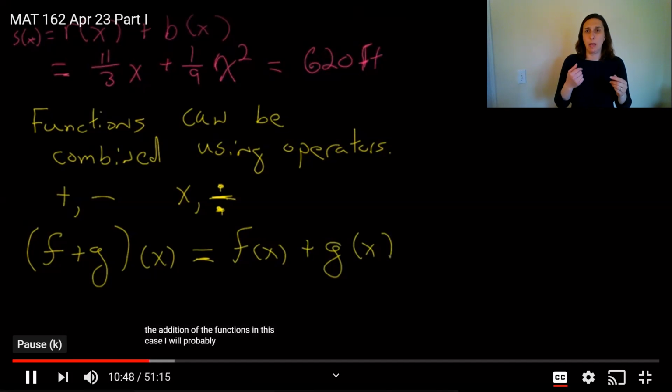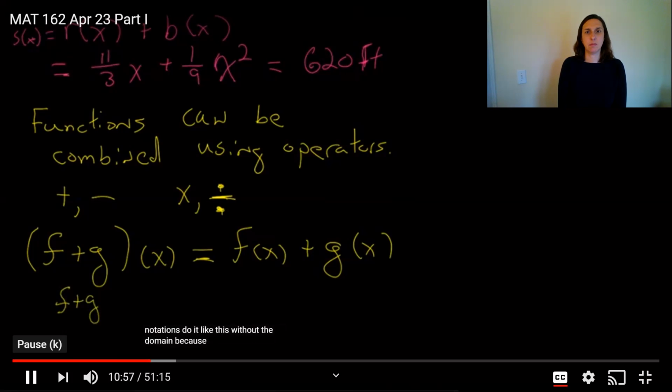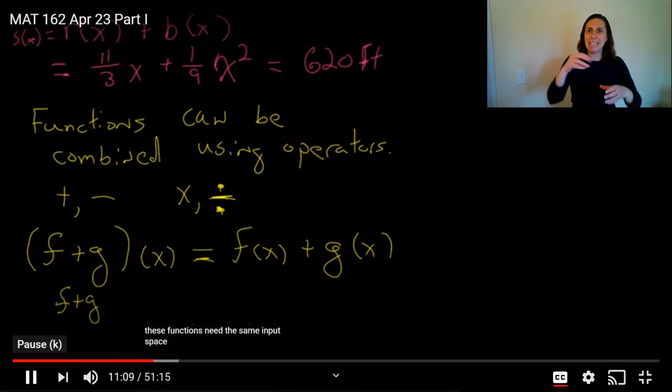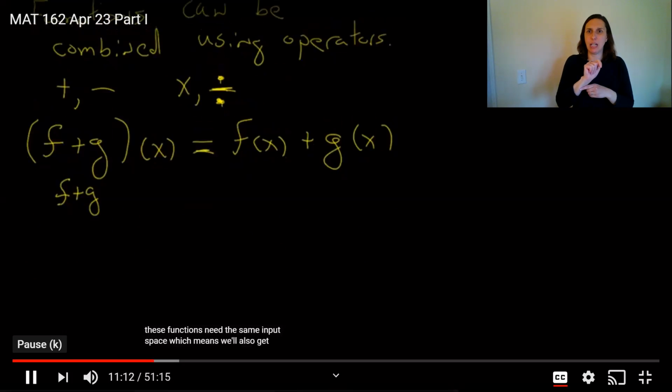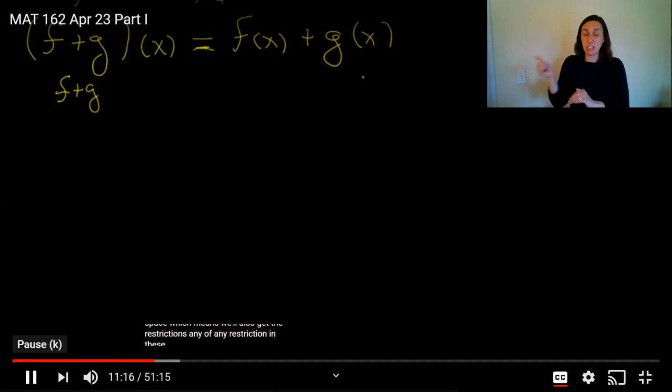I will probably, and I'll try to catch myself whenever I use different notations, do it like this without the domain, because for this to work, these things need to happen in the same domain. We will do some tricks with the domain. Remember, your domain is your input, so these functions need the same input space, which means we'll also get the restrictions. Any restriction in these functions is a restriction in the new combined form.